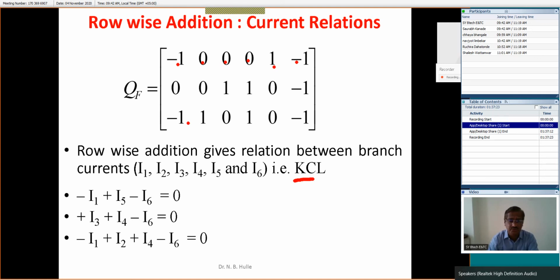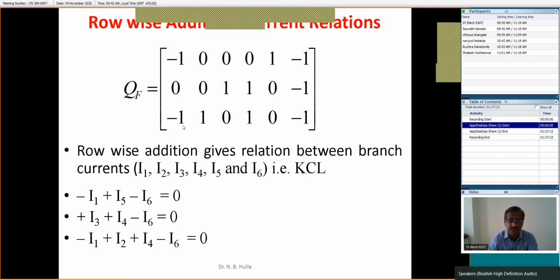This cut set is indirectly a node. How is the addition for the second row? This is 1, 1, minus 1, means plus I3, plus I4, and minus I6 is equal to 0.